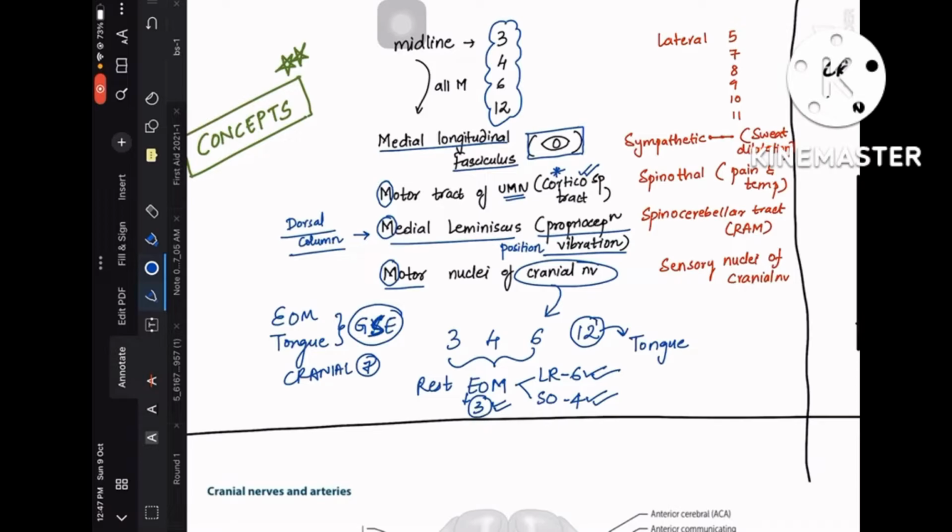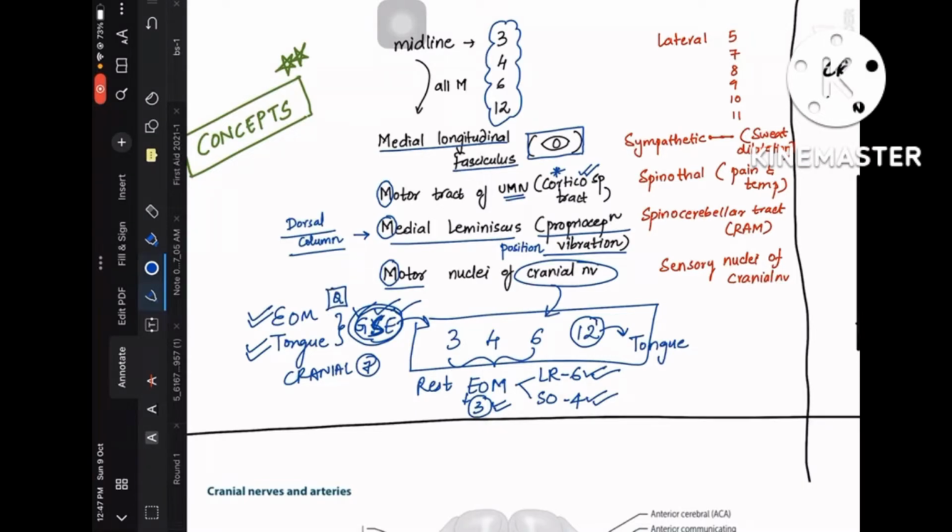Please watch that. I have explained all the cranial nerve columns with mnemonics. I'll provide the link at the end of this video. So the extraocular muscles and the tongue muscles are supplied by the column GSE, the general somatic efferent column, which involves these four nerves, 3, 4, 6 and 12. You can remember it that way, so that this bit is also done, right?